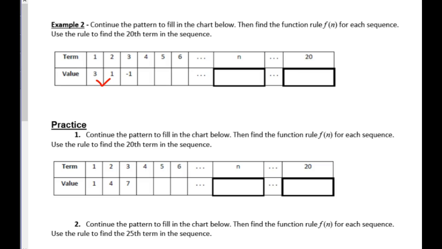So 3 down to 1 is minus 2. 1 down to negative 1 is also minus 2. What are these other blanks going to be? Okay, so minus 3, subtract 2 again. Minus 5, subtract 2 again. Minus 7. So you're able to continue a pattern, right? Adding or subtracting a number.